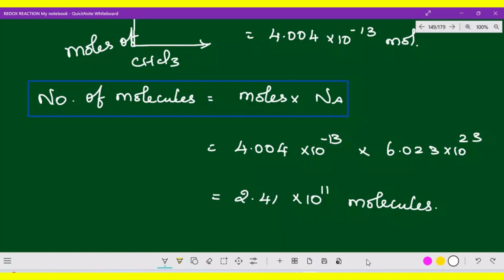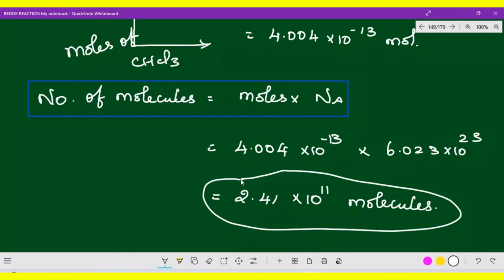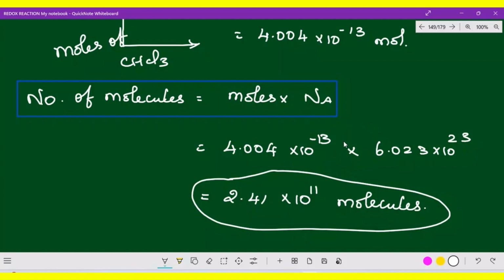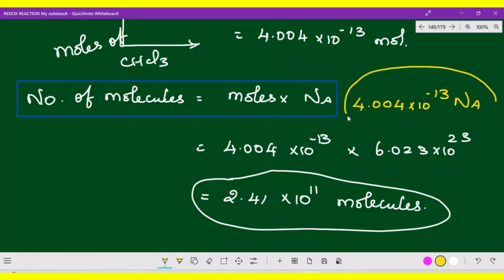You can calculate directly and bring this answer, or you can write it this way: 4.004 into 10 to the power of minus 13 Na. This is also an acceptable answer, so according to the option we have to identify. But the Avogadro number has to be involved with the moles.